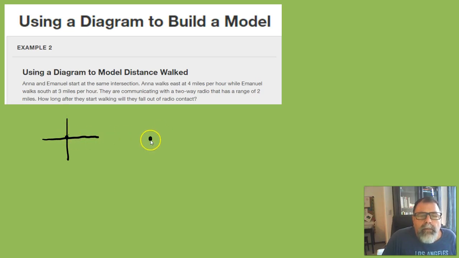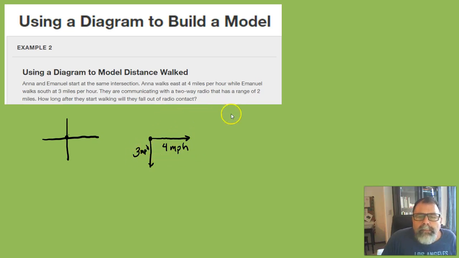So basically, Anna's walking this way at 4 miles per hour. And Emmanuel's walking south, so this way, at 3 miles per hour. Guess my line would be shorter. 3 miles per hour.